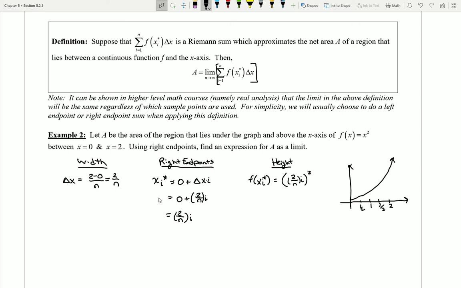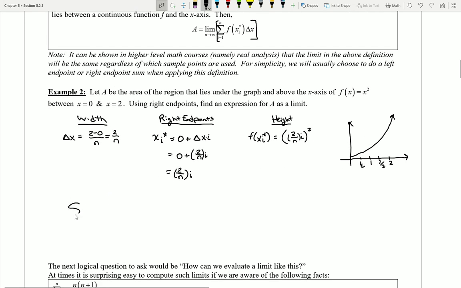And so now I have all of my different pieces, and I can conclude that my area is exactly equal to, starting at rectangle 1 and going to rectangle n, I'm going to add up the areas of my rectangles. The area of my rectangle should be my height, which is given by this, times my width, which is given by this, and this would give me my area formula for n rectangles.